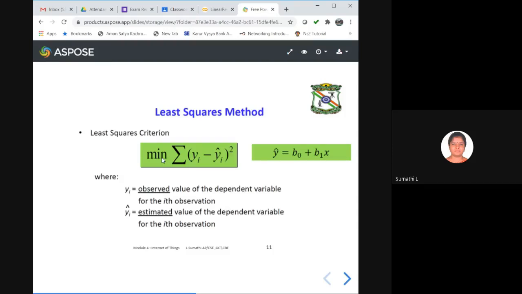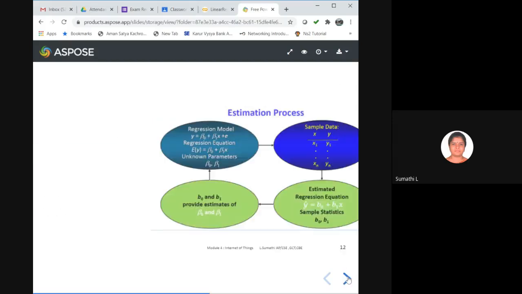Our intention is to find the minimum error term, and this you call the least square method. In simple words, you calculate error as the actual value minus your estimated value, square it, and do it for all your data items, and you have to find the parameters such that you have the minimum value. This is your least square method.